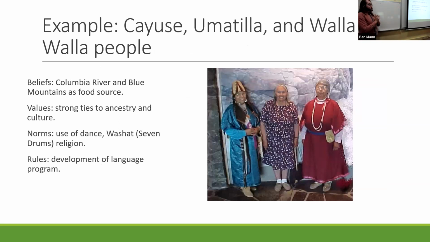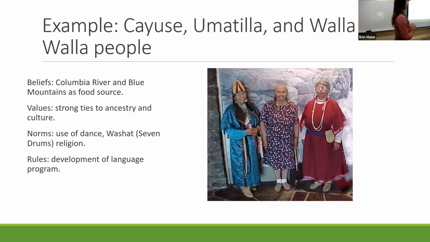So I'll give you one example, right? We have a number of tribes and indigenous groups here in Eastern Oregon. If you have not taken a class with Dr. Jarofsky over in anthropology sociology, she does a lot of work with many of the tribes and groups in the area. These populations, in these indigenous groups, have what we can categorize into beliefs, values, norms, and rules.